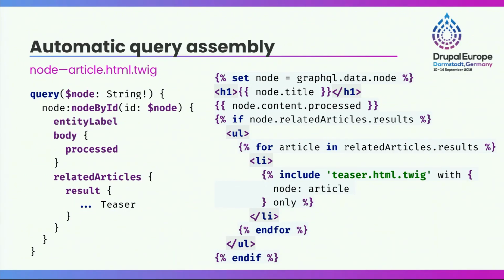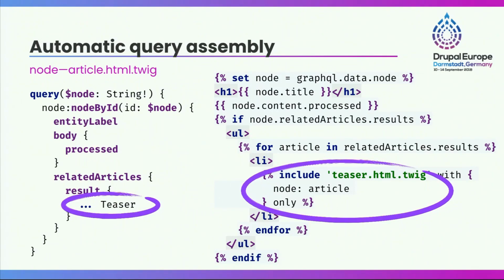The only part that changed is that instead of just pulling the entity label of our related articles, we apply the teaser fragment, which will make sure that all information that this teaser template requires is also added to our query string. And on the right, we just include teaser.html.twig, which is this teaser twig file that is lying around somewhere, either in Pattern Lab or just in our theme or wherever we need it.